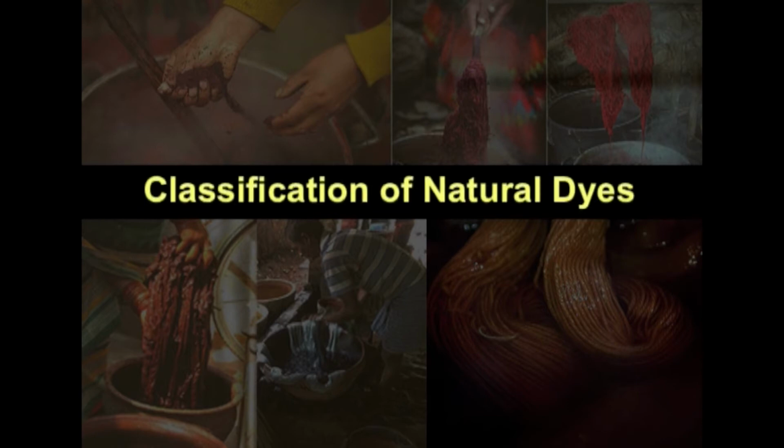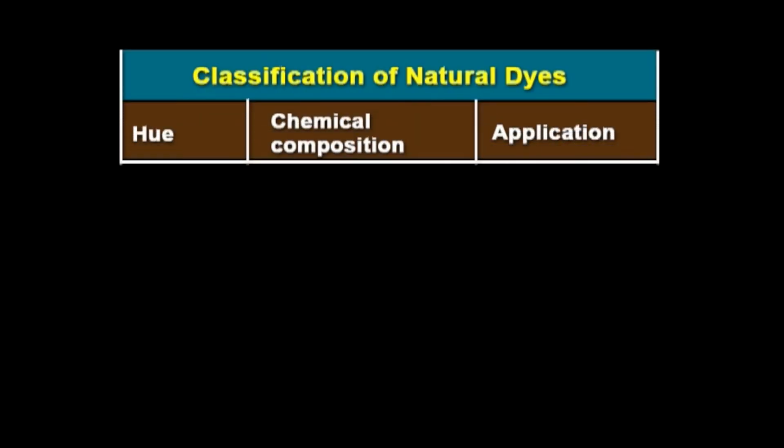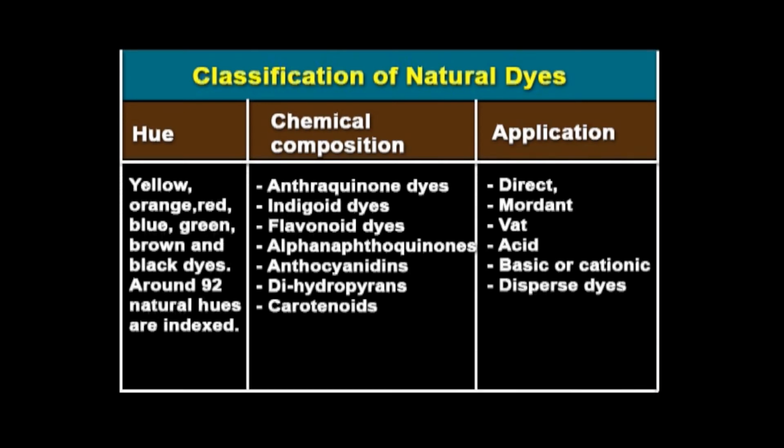And now let us see how these are classified. Natural dyes can be classified in different ways, that is on hue, chemical composition and also application. The color index classifies dyes as per hue. They are classified as yellow, orange, red, blue, green, brown and black dyes.